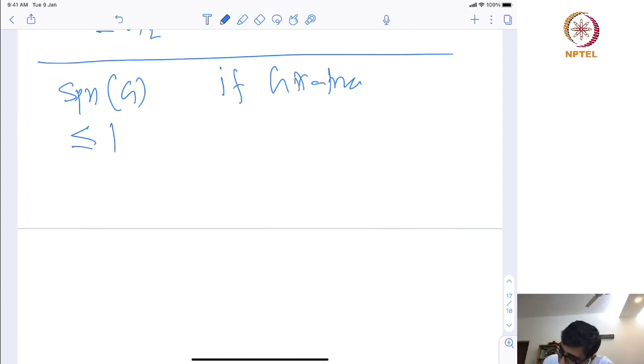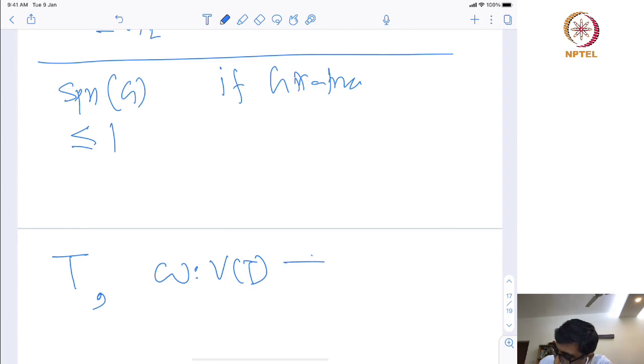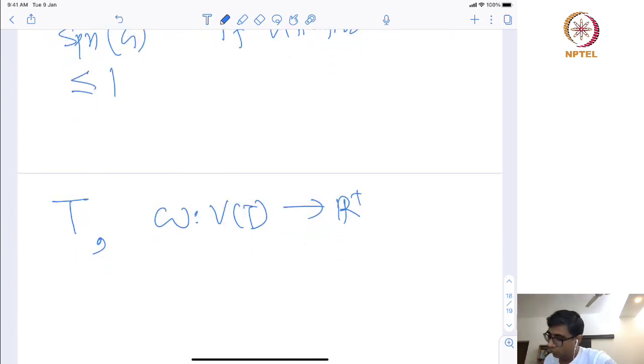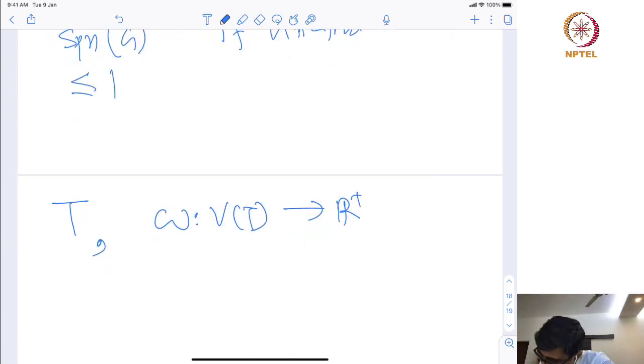Suppose I have been given a tree T, and let us say we have some positive weights, and I am going to define a notion of W-balanced separator. So what is a W-balanced separator?